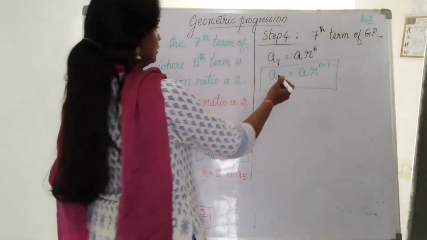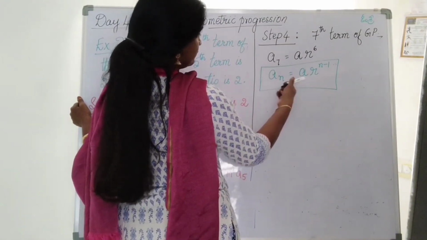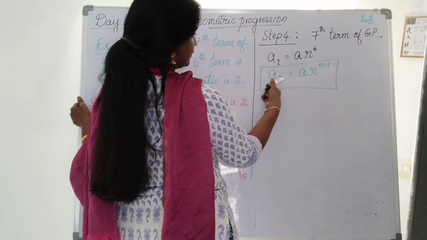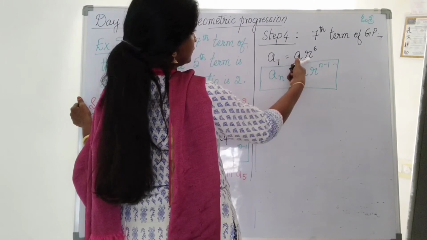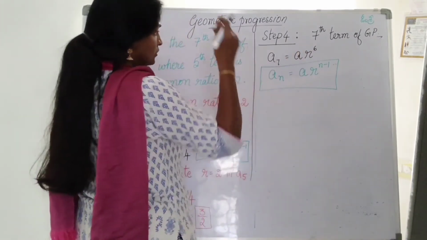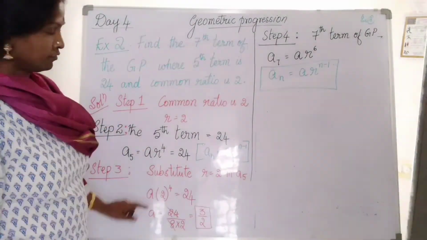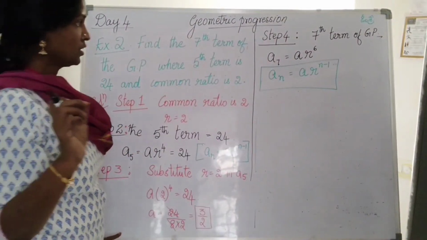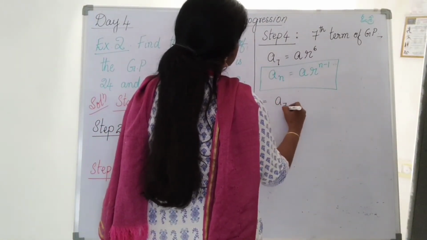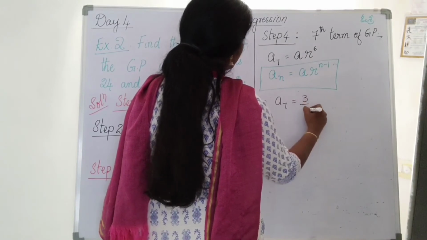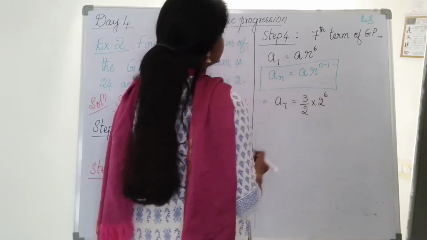Substituting the value of 7 in the place of n, we get A7 as A into R to the power of 6. Now what you have to do, substitute the values of R and A from step 1 and step 3. A7 is equal to 3 by 2 into 2 to the power of 6.